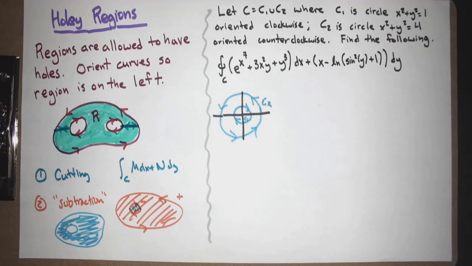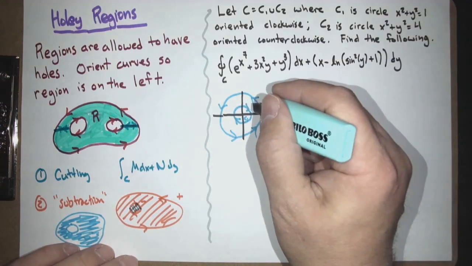If only we had a theorem. What can we do? Green's theorem. Nice. So I say, hey, I have curves.